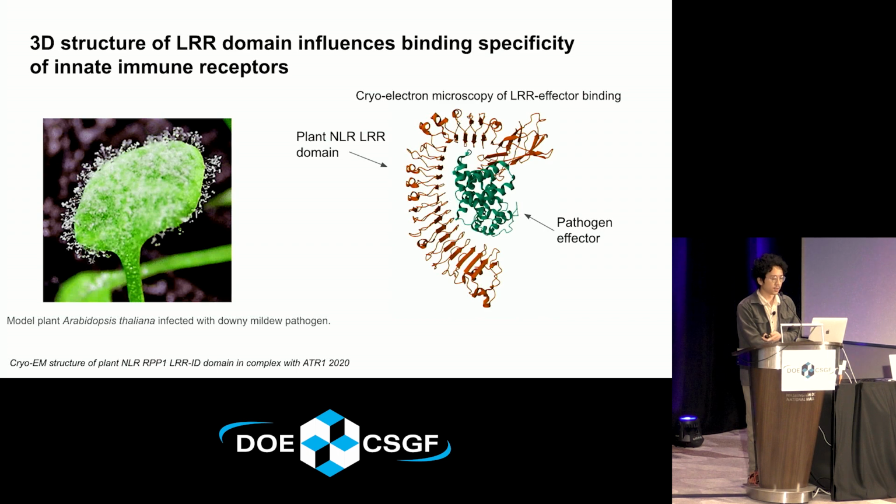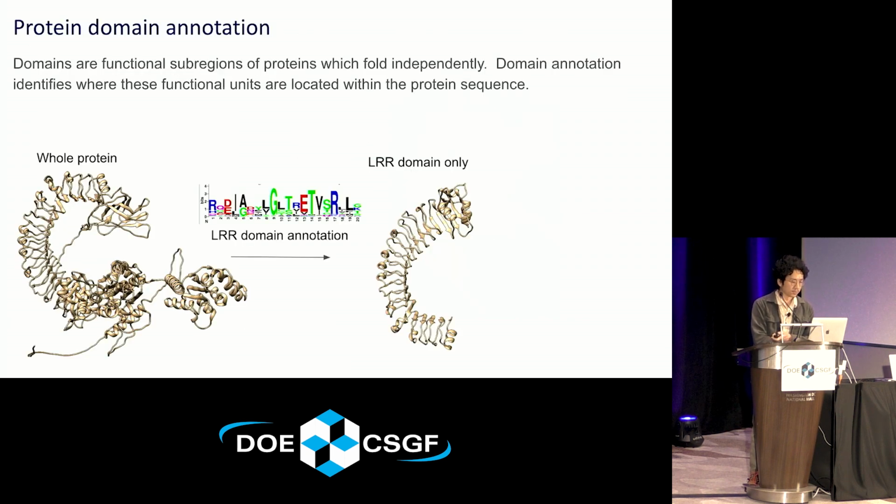So note that the structure actually only includes the receptor domain. It doesn't include the rest of the protein. And that just demonstrates the fact that only this domain is necessary to achieve the binding. The rest of the protein serves other functions in the receptor. So this begs the question, how do we systematically identify the LRR domain within an immune receptor?